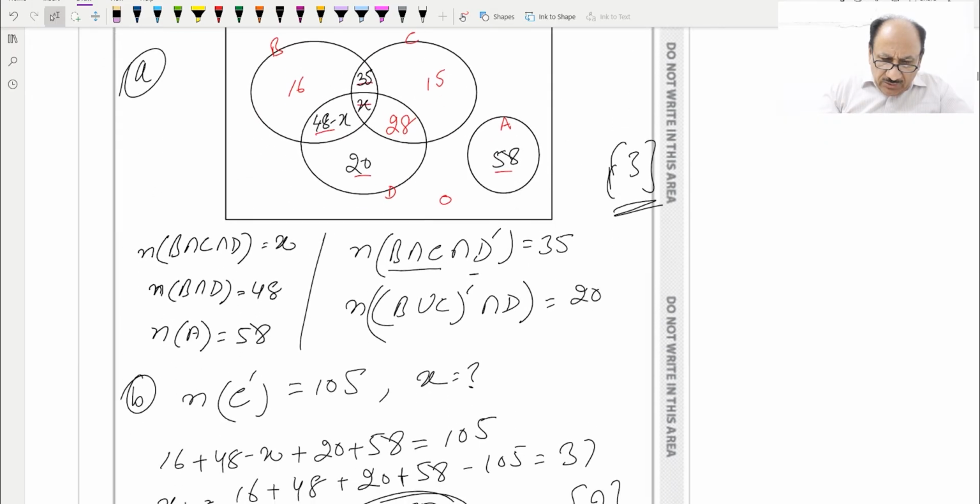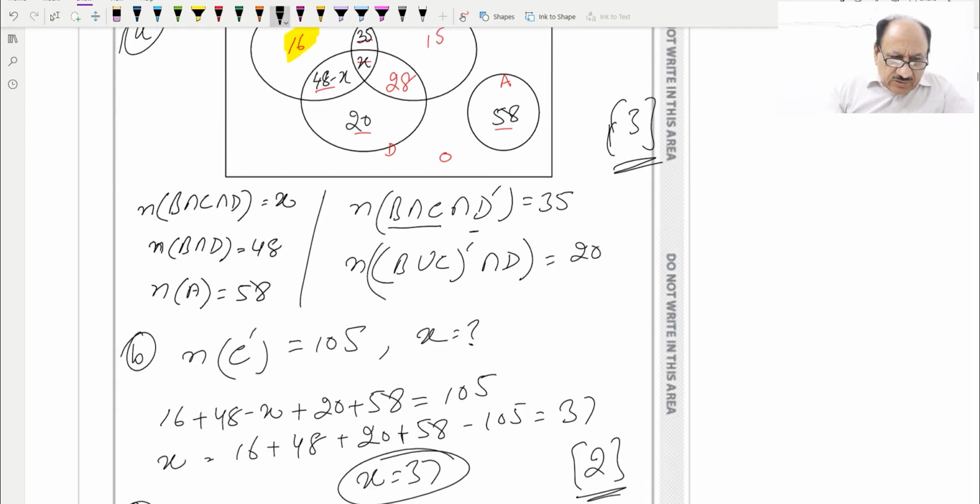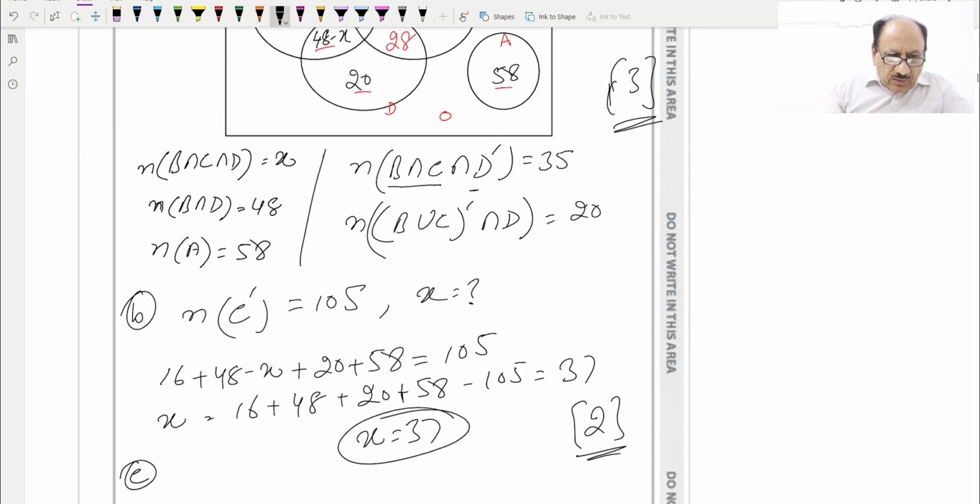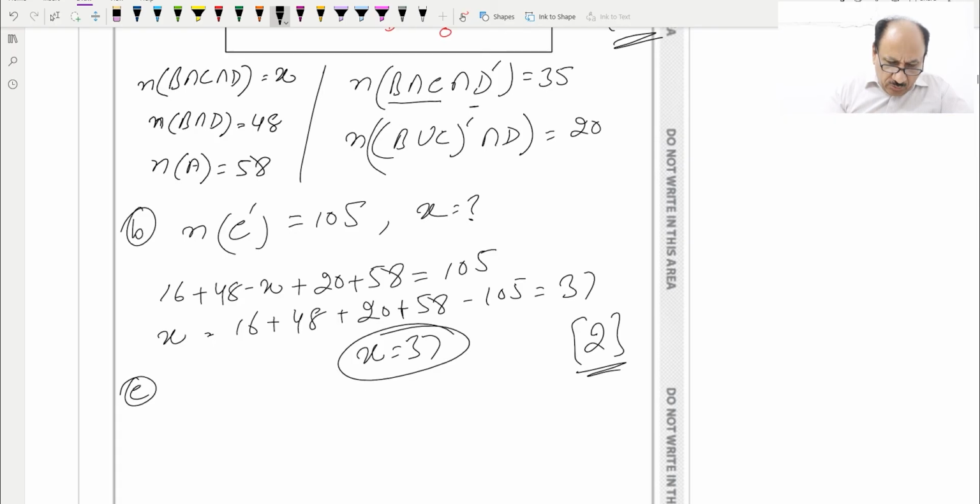Bio only is 16. So these are the students who are studying only bio. So we can write 16 over 220, which is the total.